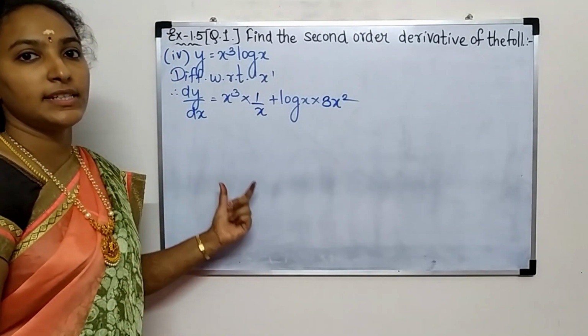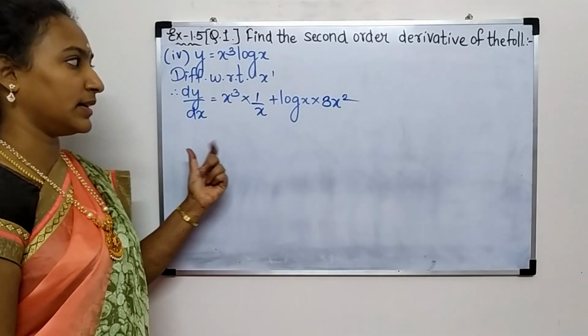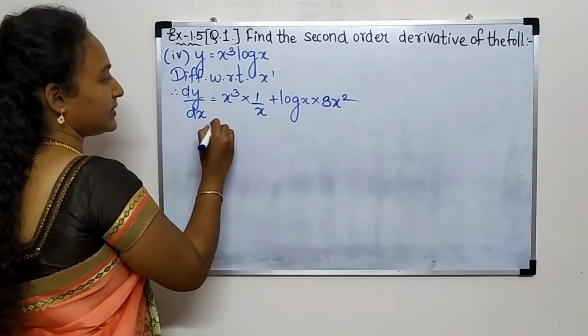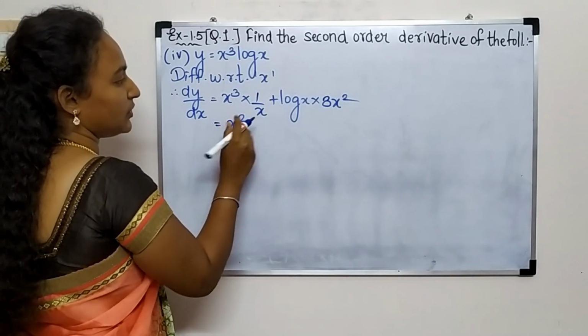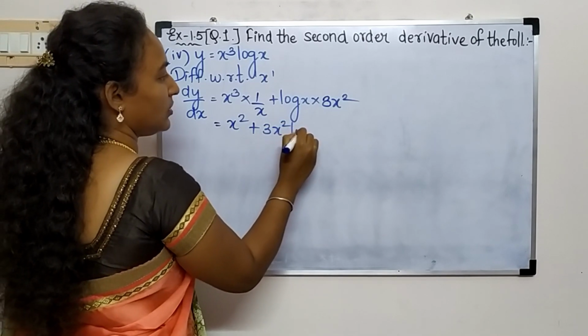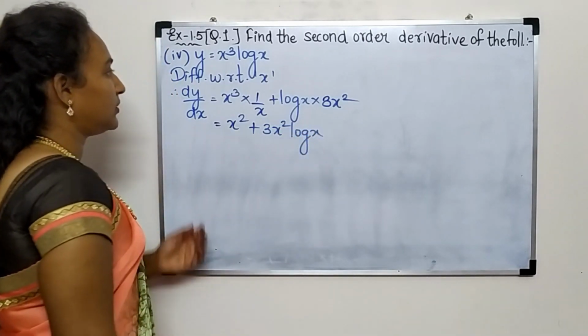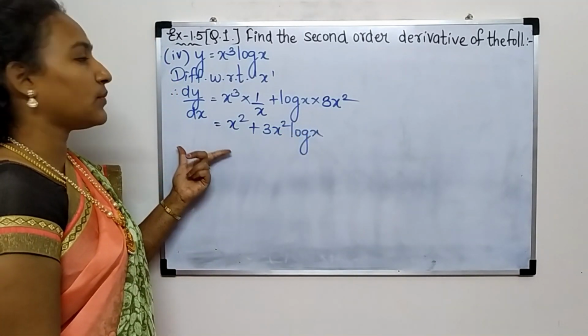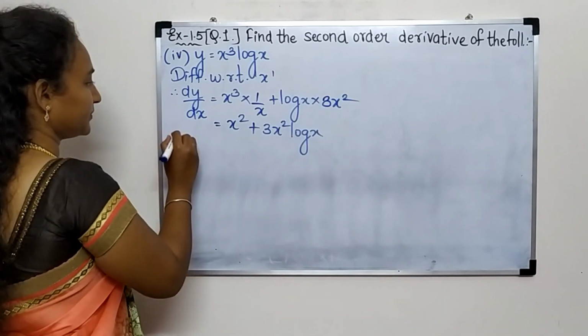So this is the easiest question in this exercise. So cancel out 1x, so it is x square plus 3x square log x. Now let us calculate d square y upon dx square.